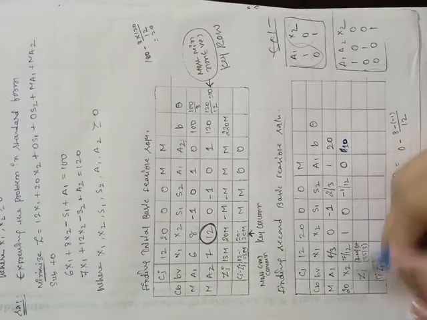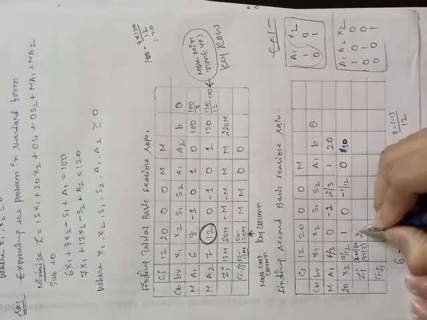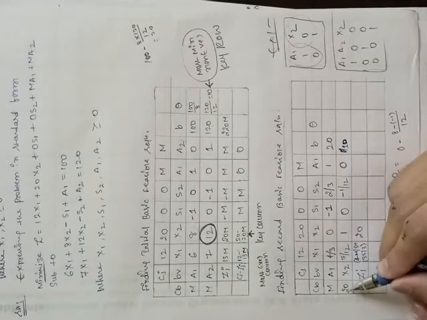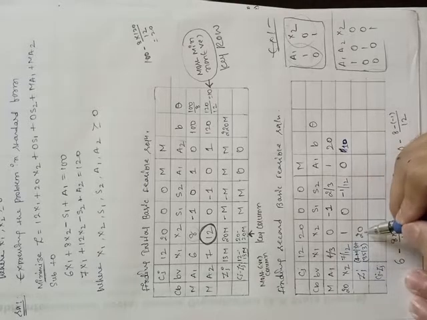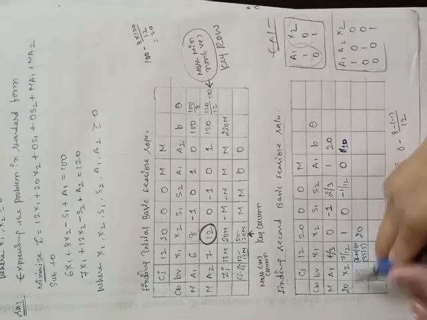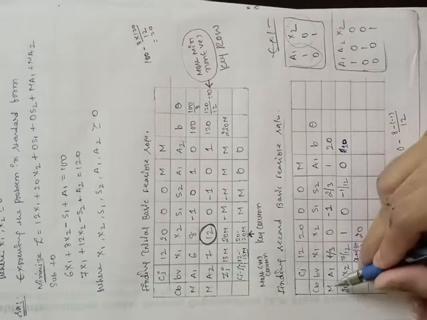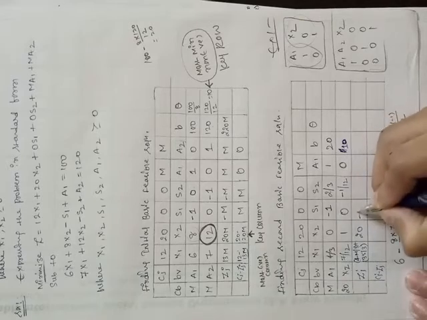Again here 20, 0 into M, that is 0, plus 20 into 1, that is 20. Again here 20 into 0, that is 0, plus minus 1 into M, that is minus M.